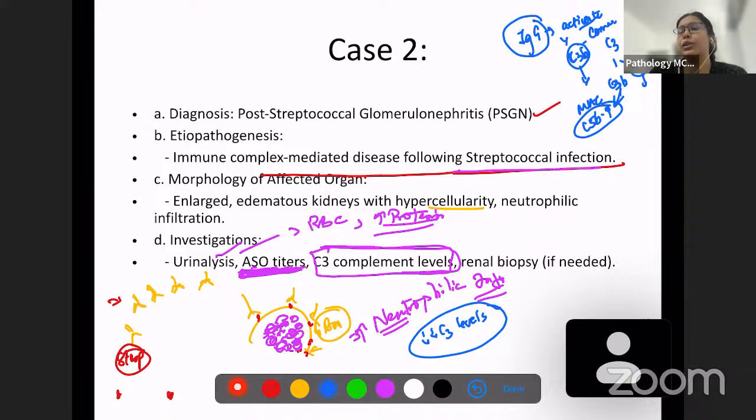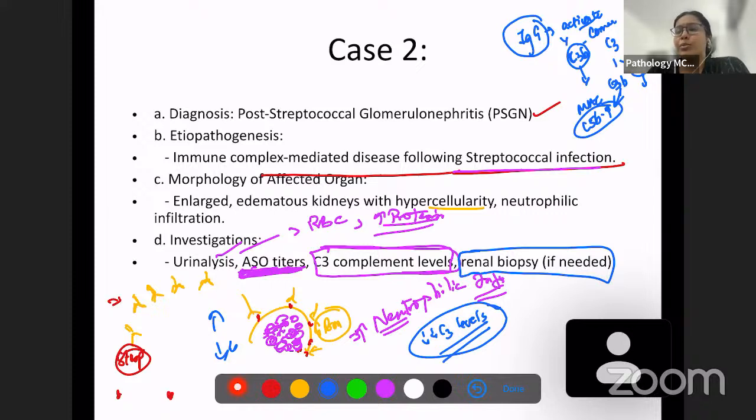That is why whenever antibodies are increased, it's going to activate the complement pathway and reduce the C3 levels in PSGN. So this is one: increased ASO titers, decreased C3 complement level. Renal biopsy can be done if needed because this condition can be resolved, and if with medication it does not resolve, then we can go ahead and perform a renal biopsy in certain cases, not necessarily in every case.